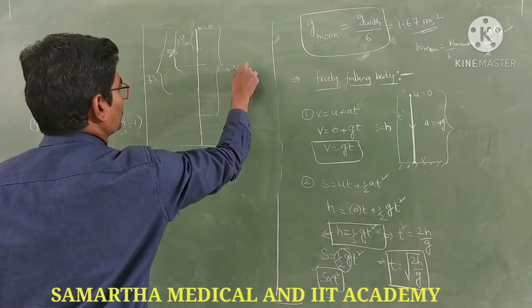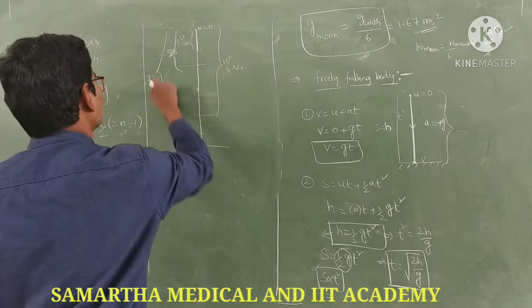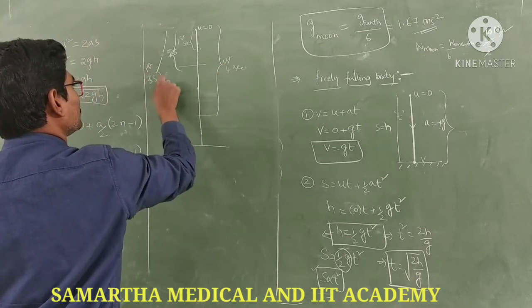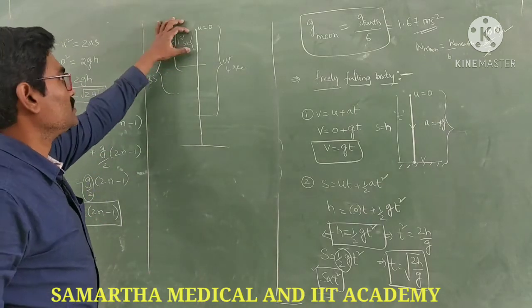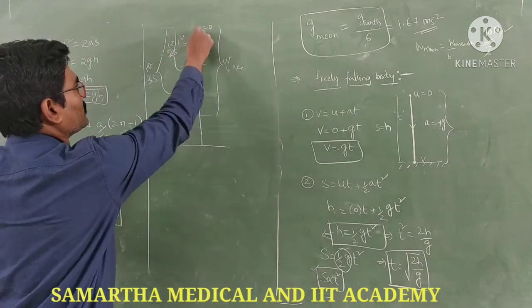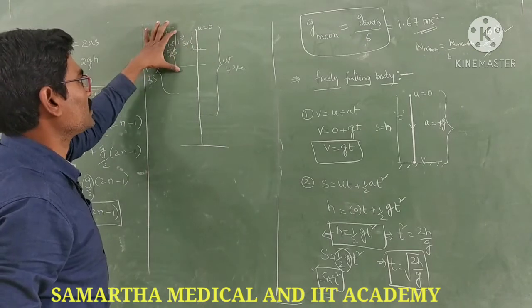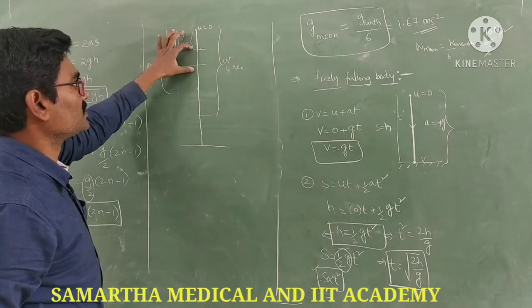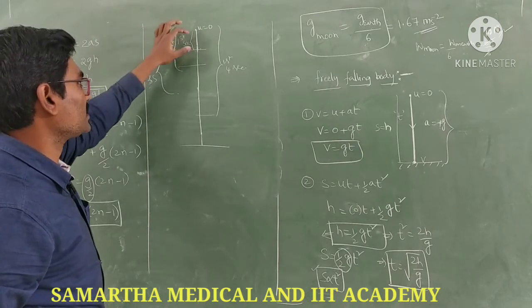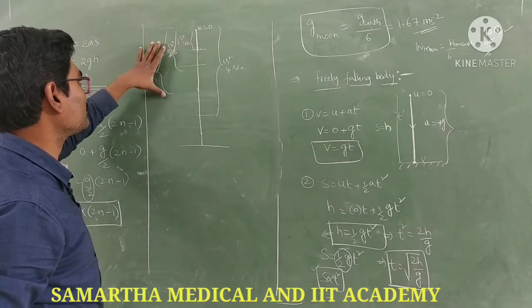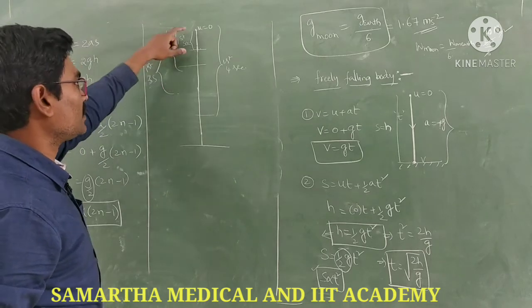The first second means the first second alone. The first 2 seconds means the complete first second plus the second second together. The first 3 seconds means the first second, second second and third second all together.